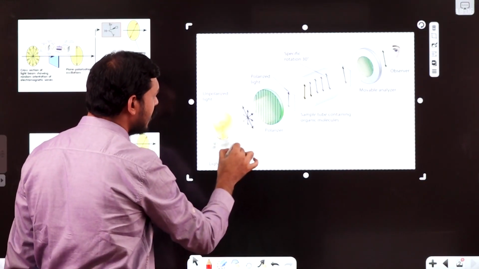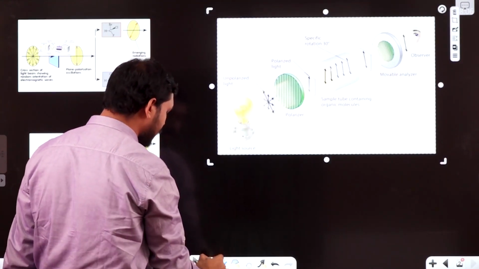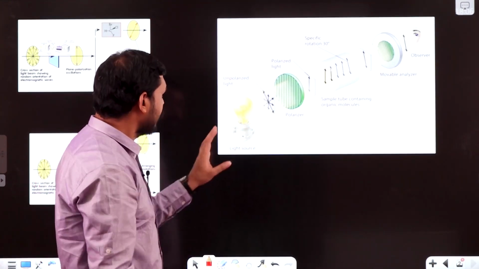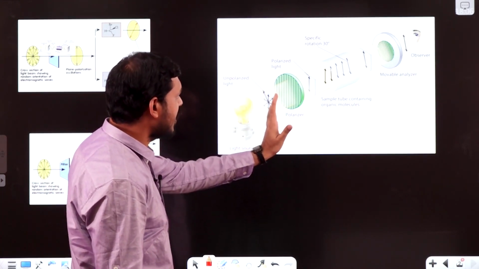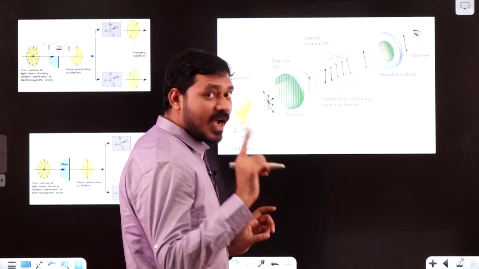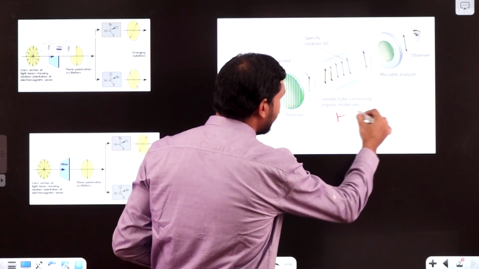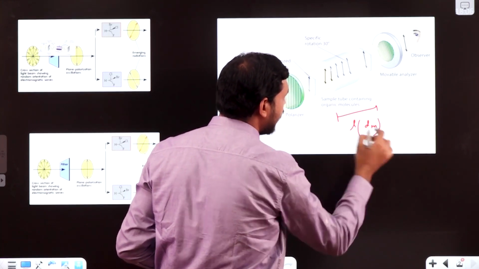Let me show you one important observation with respect to this phenomenon. When unpolarized light is polarized first using a polarizer and passed through a sample tube containing an organic molecule, I said the length of the tube will be L in decimeter. Remember the unit.